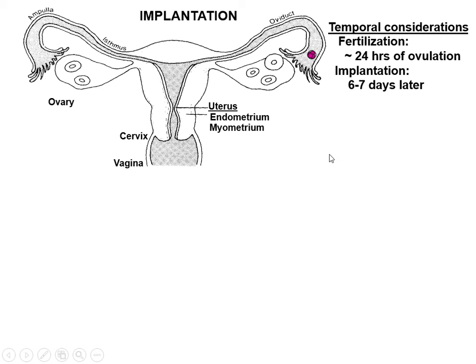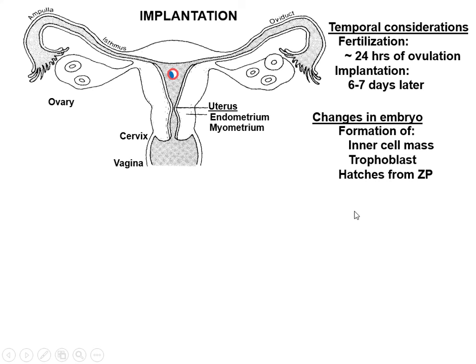So during that period, the embryo moves down the oviduct. It sits for a little bit at the junction between the uterus and the oviduct, and then it moves into the uterine lumen and floats in the lumen for a few days before implantation occurs. And during that process, the embryo is undergoing some rapid differentiation.